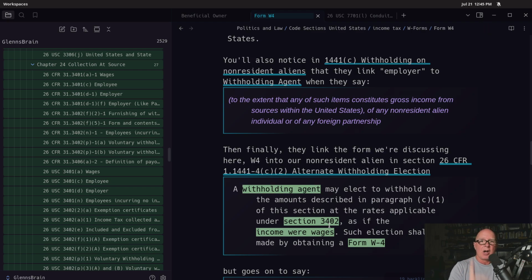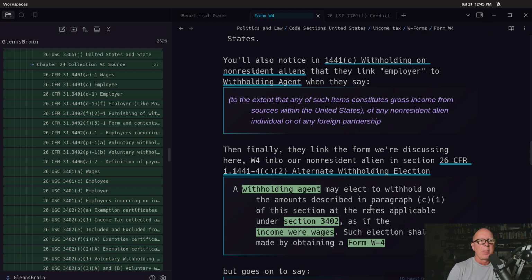We're in the non-resident alien section, and now it is referring to payroll taxes. 3402 is where we started this whole thing off. So now we've gone from the payroll section 3402 into the non-resident alien, and now we're back to payroll.